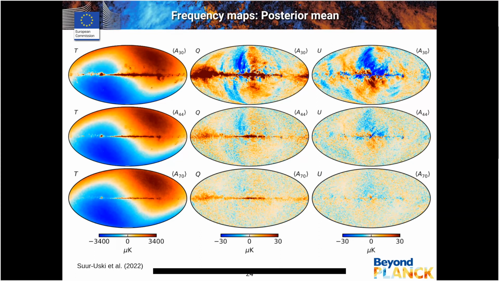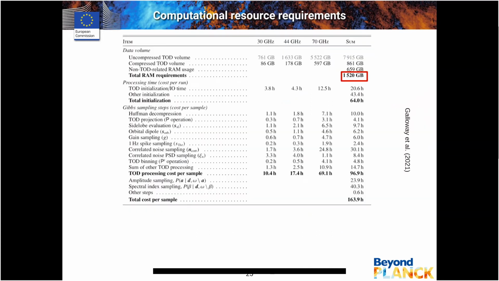A few words about the computational resources required to run this pipeline. We have compressed the data on disk to about 1.5 terabytes, which sounds like a lot, but we are able to buy computing nodes off the shelf that have 2 terabytes of RAM now. So it is possible to run all of this pipeline on a single node.